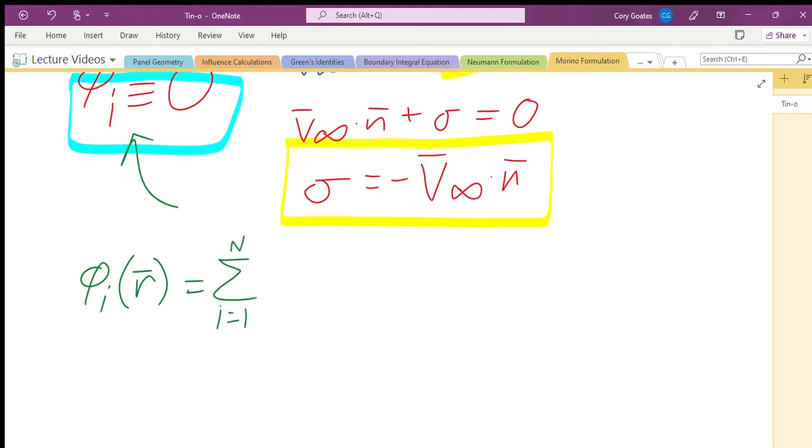We're going to sum over some panels, and I'll do this in terms of j, because that will make more sense with our matrix equation later. It will be the sum of doublet and source induced potentials.